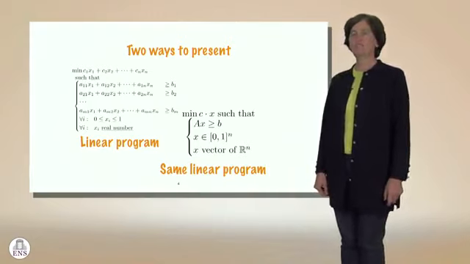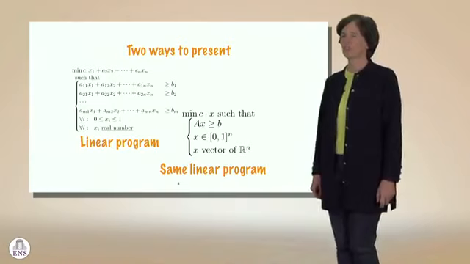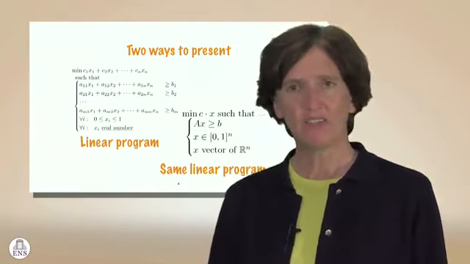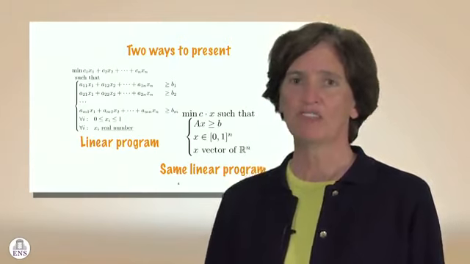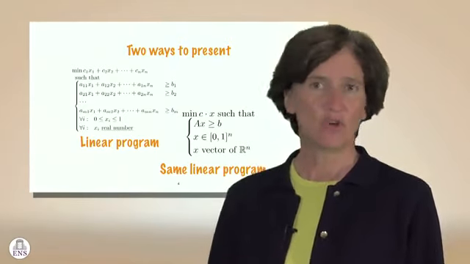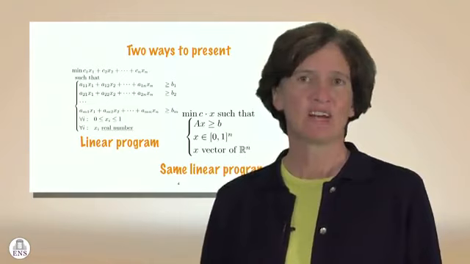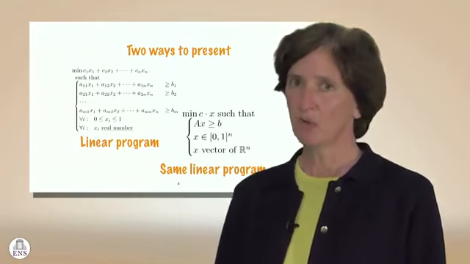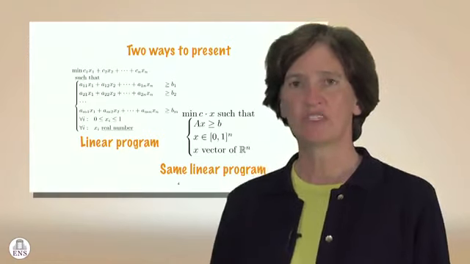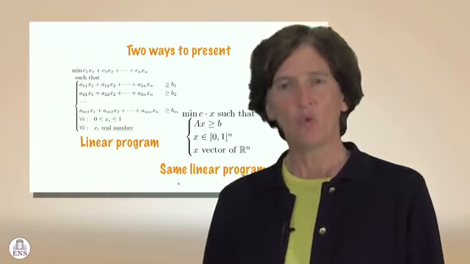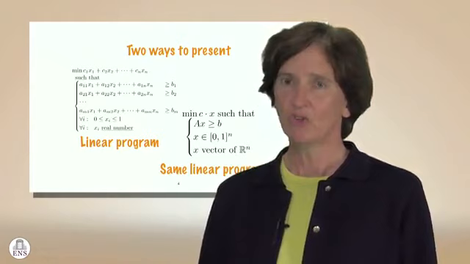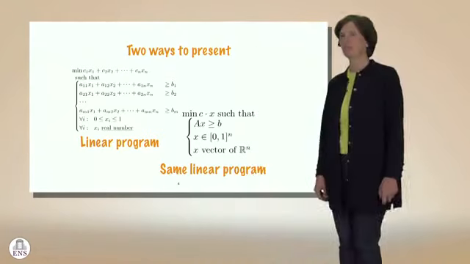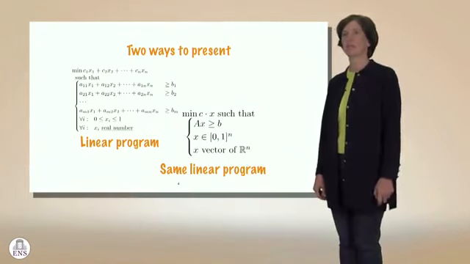Greater than or equal means coordinate per coordinate. x must be in the hypercube [0,1]^n, meaning every xi is between 0 and 1, and x is a vector of Rn, meaning every xi is a real number. Thus, these are two completely equivalent notations for the same linear program. No one is better than the other. Depending on your taste, you can choose to write it in the first or the second form. It's two presentations for the same thing.